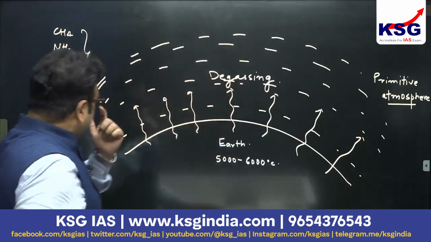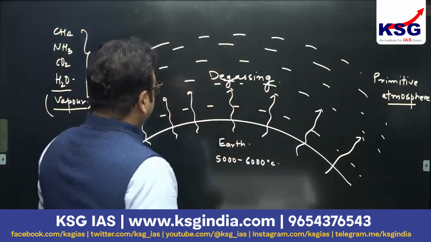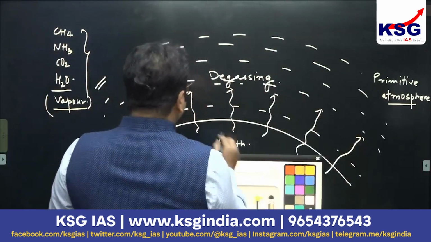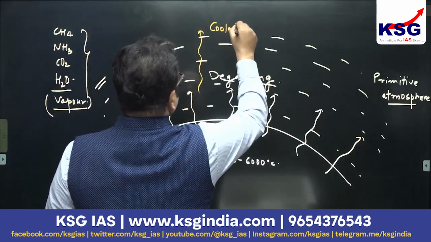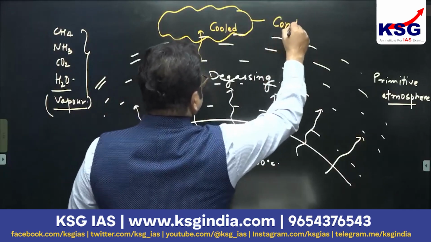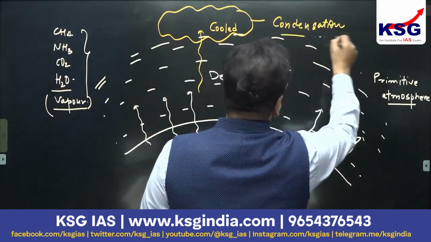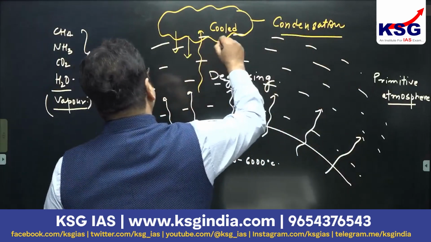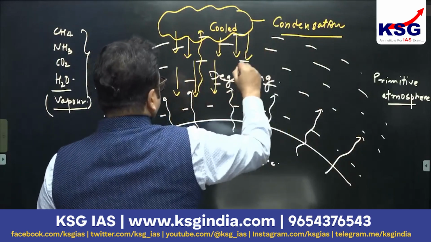What happened after this? Water vapor continuously goes up, and when it goes up it gets cooled. Due to cooling there is condensation, and after condensation there is continuous rainfall coming onto the Earth's surface.